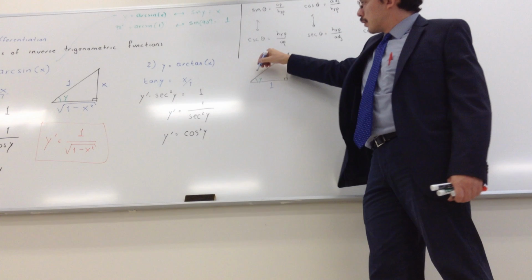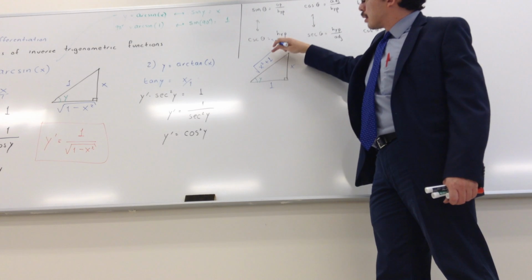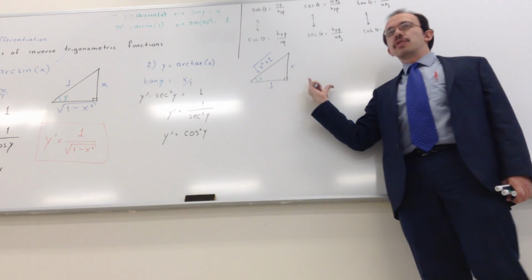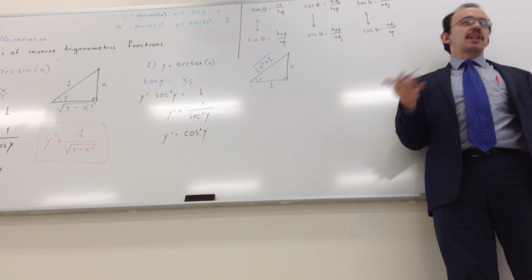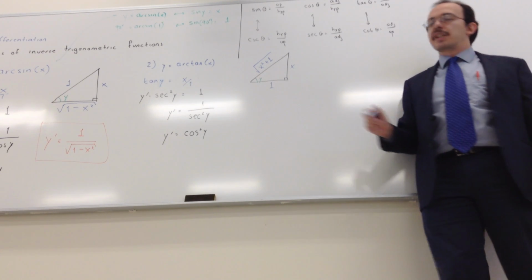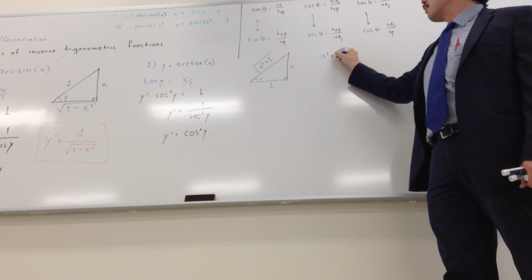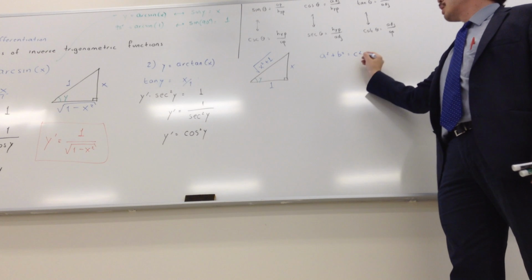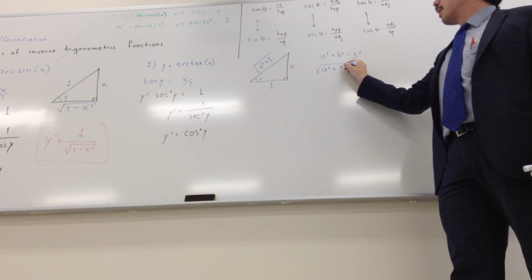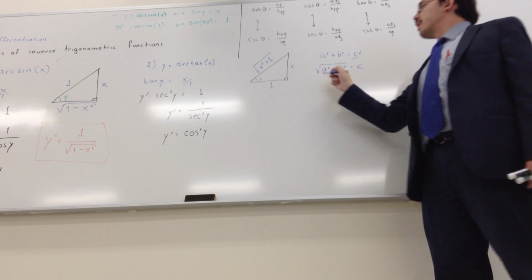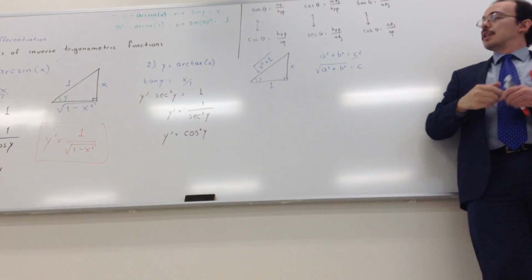The square root of x squared plus 1. Not minus, plus 1. Do you know why? Because of the Pythagorean theorem. But if you don't understand that, just observe. The Pythagorean theorem says a squared plus b squared equals c squared. The hypotenuse alone is going to be the square root of a squared plus b squared. So that's why, instead of a is the value, instead of b is the value, that's what you have.